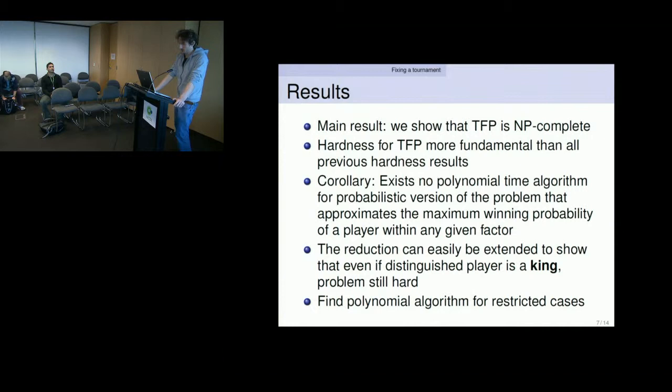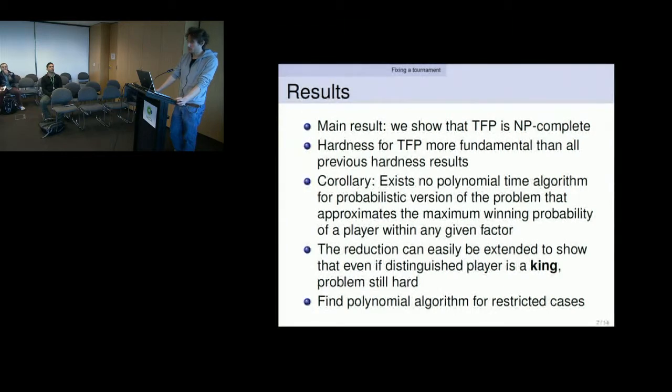We can also extend this reduction to show that even if a player is a king, the problem is still hard. Kings were a property of players that was studied a fair amount by Vassilevska Williams, where effectively a player i is a king if every other player is either beaten by i or beaten by another player which is beaten by i.